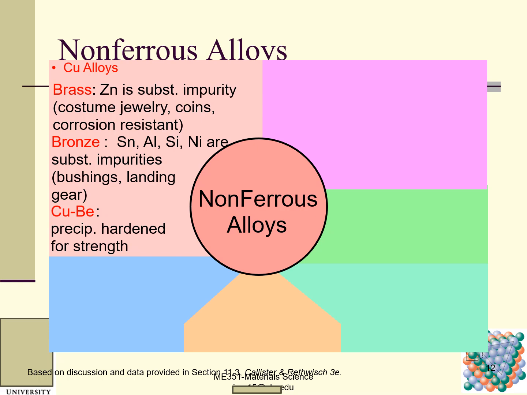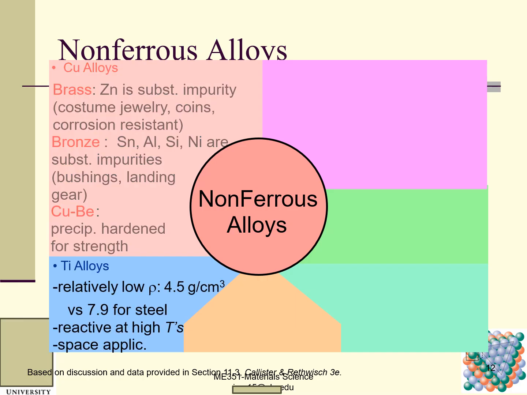And for beryllium copper, it is precipitation hardened. You can recall that precipitation hardening is one of the four strengthening mechanisms that we have talked about. You can just recall what the other three strengthening mechanisms are.